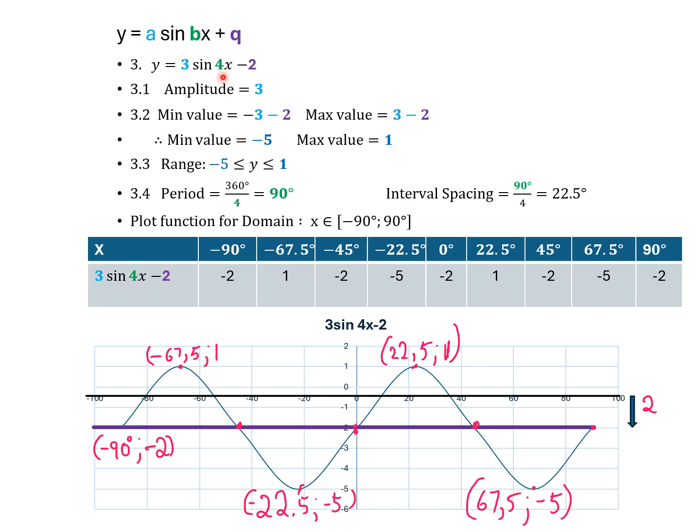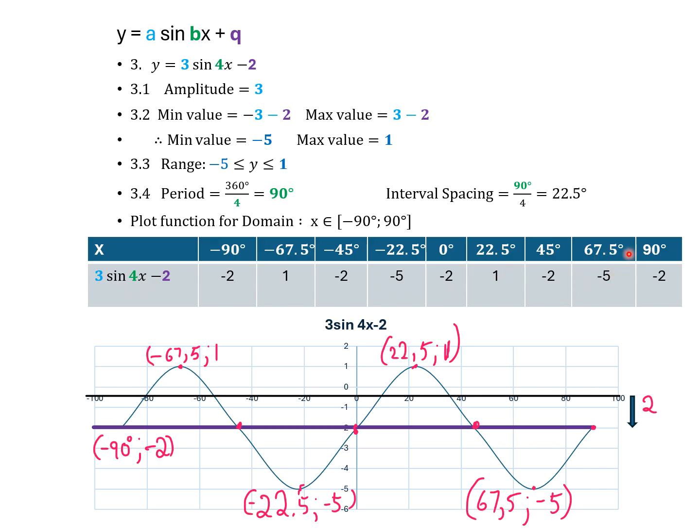Sine of 0 is 0, times 3 gives me 0, minus 2. 22,5 times 4 gives me the sine of 90. Sine of 90 is 1. 1 times 3 is 3. 3 minus 2 would give me 1. If I put 45, 4 times 45 is 180, sine of 180. So sine of 180 is 0, times 3 is 0, minus 2 stays minus 2. And so we can continue.